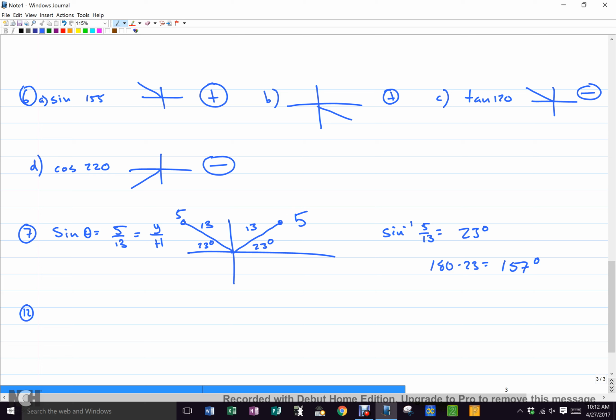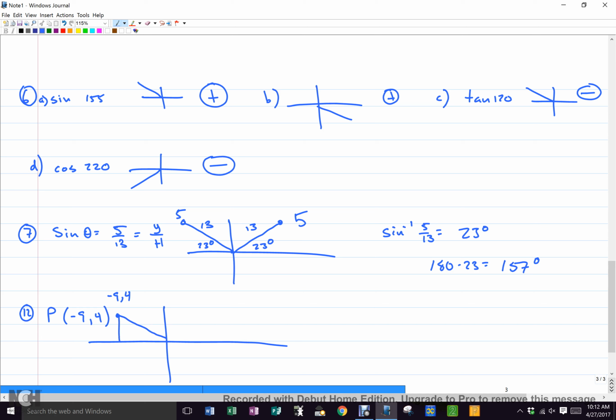So 12, I have a point, P, at -9, 4. I'm to sketch it in standard position. -9, 4, right there. And I'm to measure the reference angle and then theta.